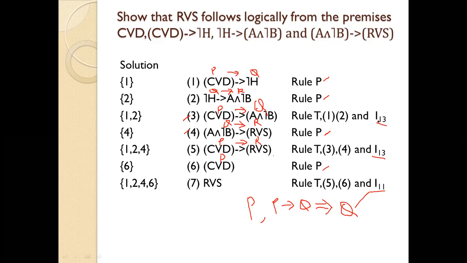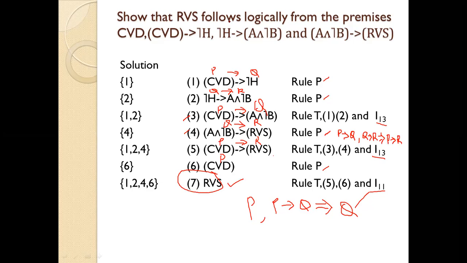And identity number 13 is P implies Q and Q implies R will give us P implies R. So using these identities, we come to the conclusion that R or S is valid.